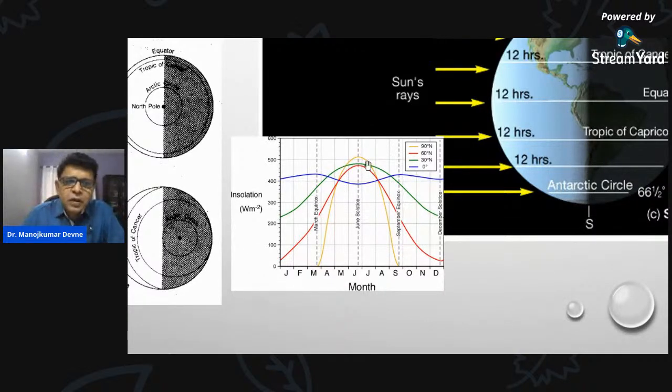Now, having said this, let me tell you that this intense insolation is not enough, because a lot of this is reflected back in what is called albedo, which is reflection of the sun's rays from the surface. So all these things have to be taken into consideration. You'll see that at 30 degrees and 60 degrees, while 60 degrees has a higher amount of insolation, it actually doesn't translate into that much energy.